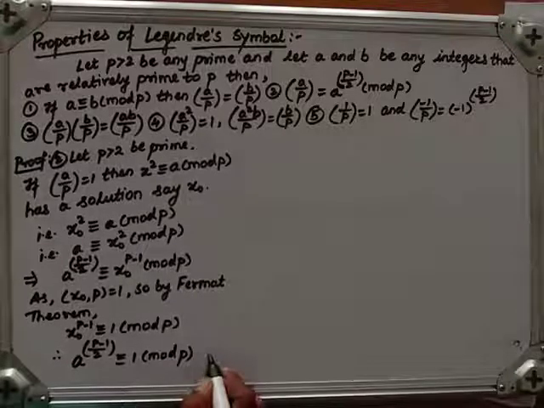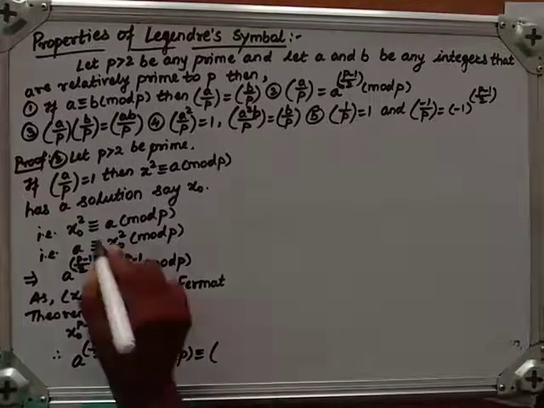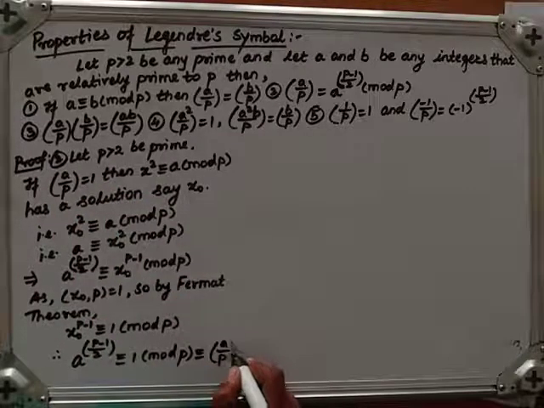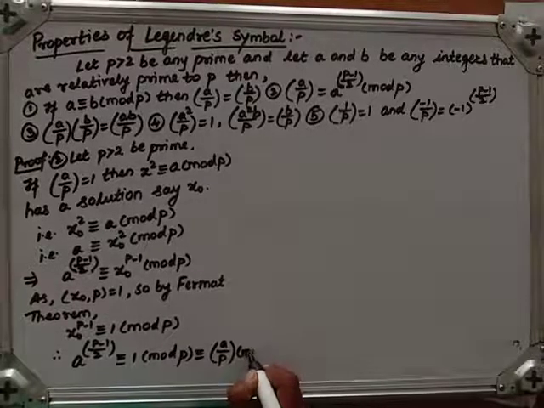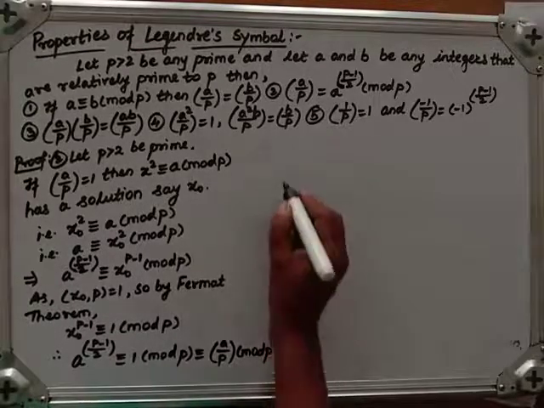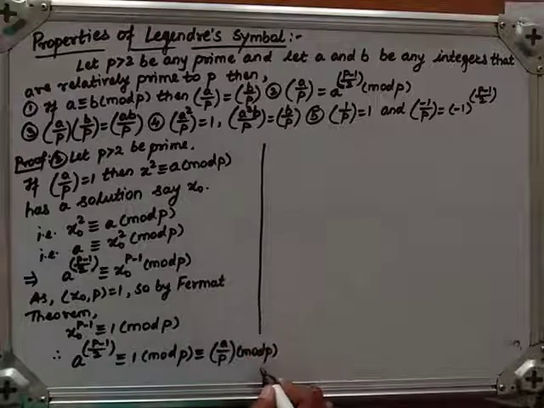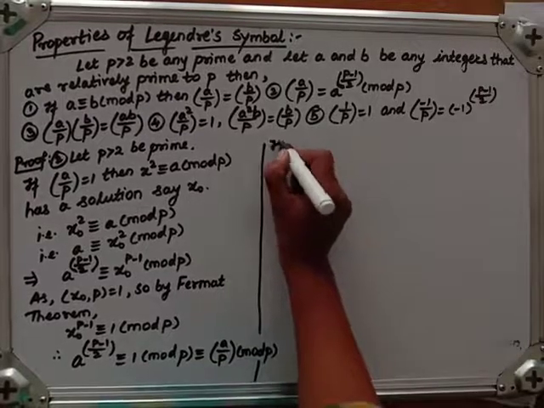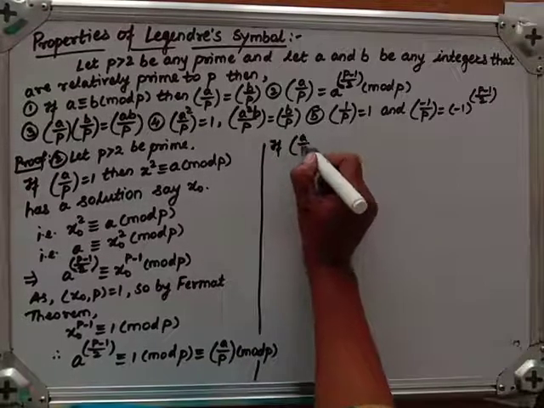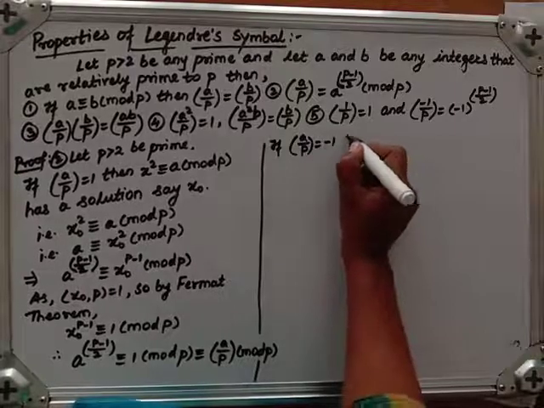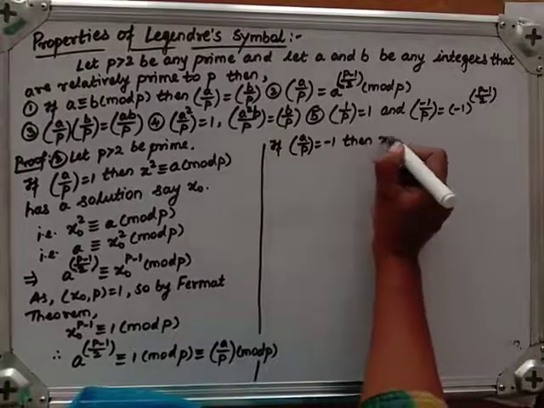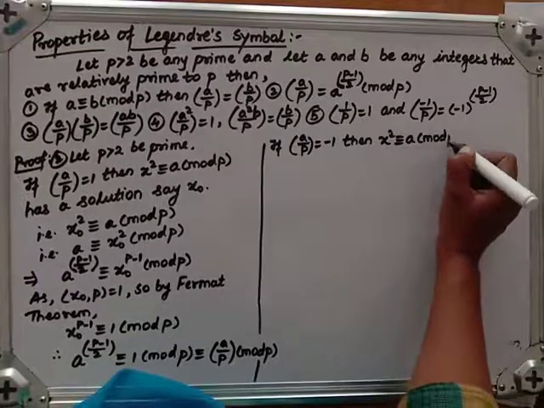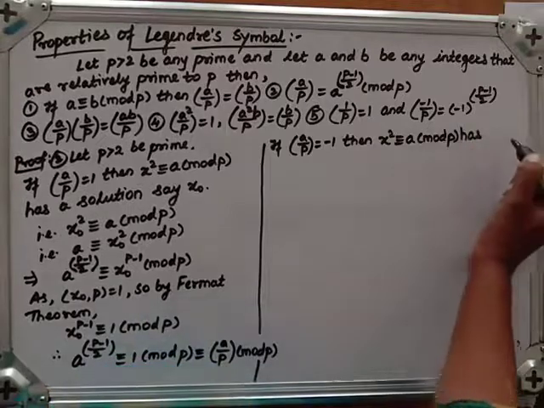And that is the same as congruent to Legendre symbol of a by p modulo p. Further, in the other case, if Legendre symbol of a by p is equal to minus 1, then x square congruent to a modulo p has no solution.